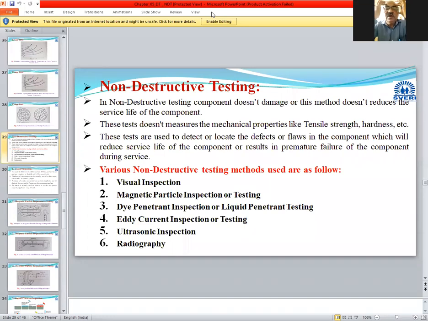These tests do not measure mechanical properties like tensile strength, hardness, etc. Whatever mechanical properties there are, tensile, yield, elongation, reduction in area, these will not be measured. These tests are used to detect and locate defects and flaws in the component which reduce the service life of the component, resulting in premature failure during service.